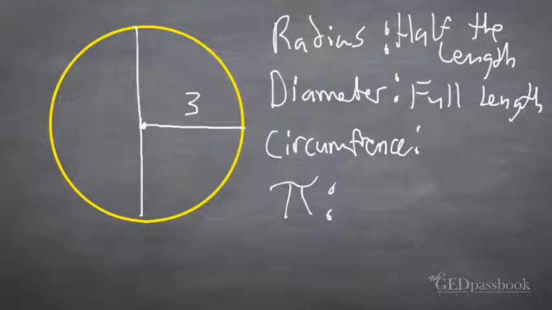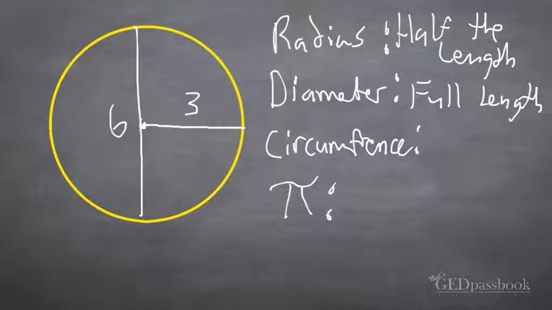So if the radius of this circle is 3, what is the diameter? 6. If it helps you to remember it, think of it like this. The radius is half the length of the diameter. Diameter is double the length of the radius. That's going to come in handy soon.